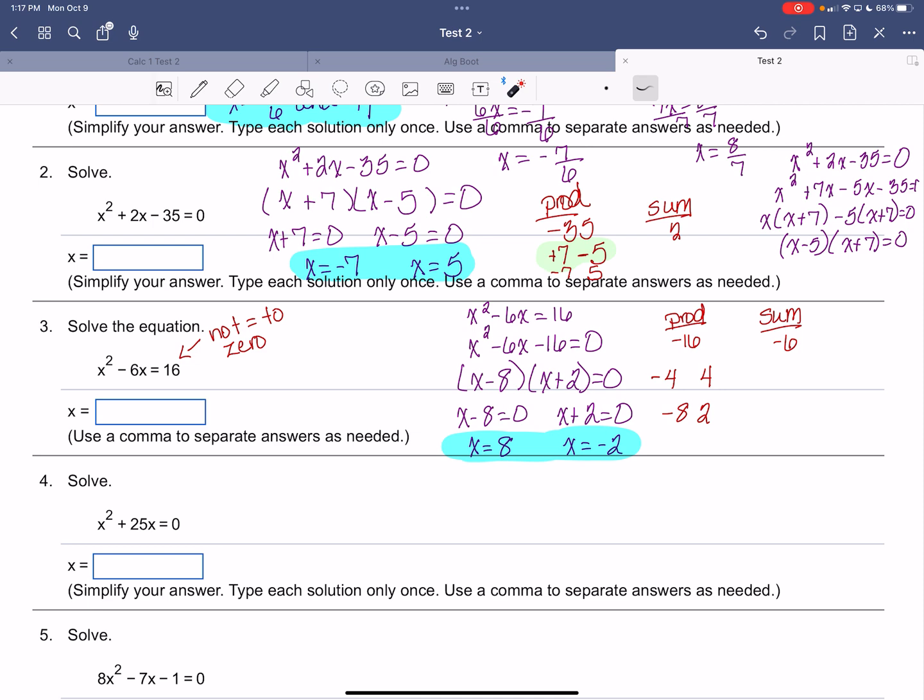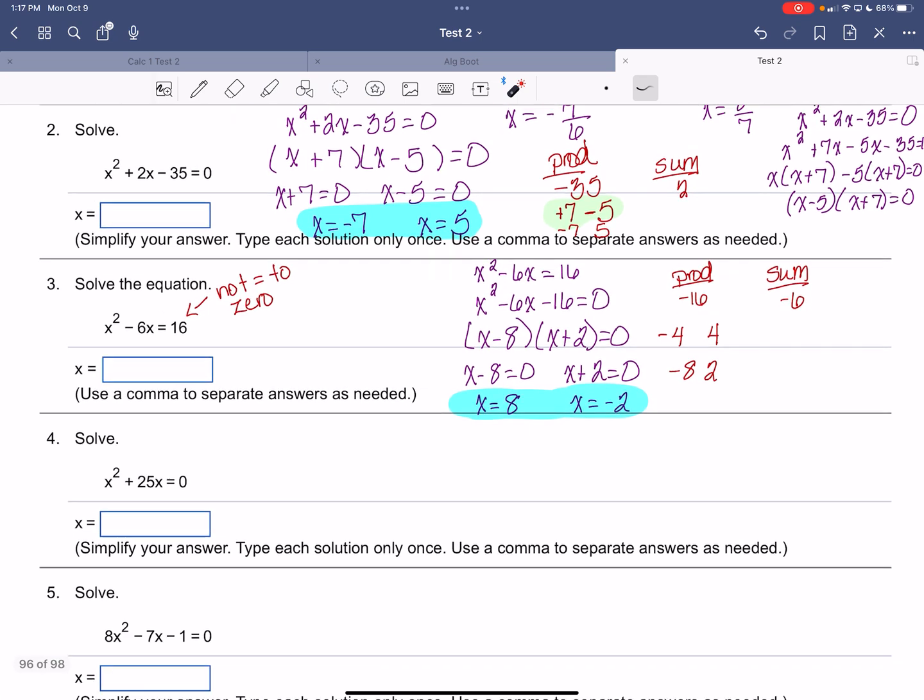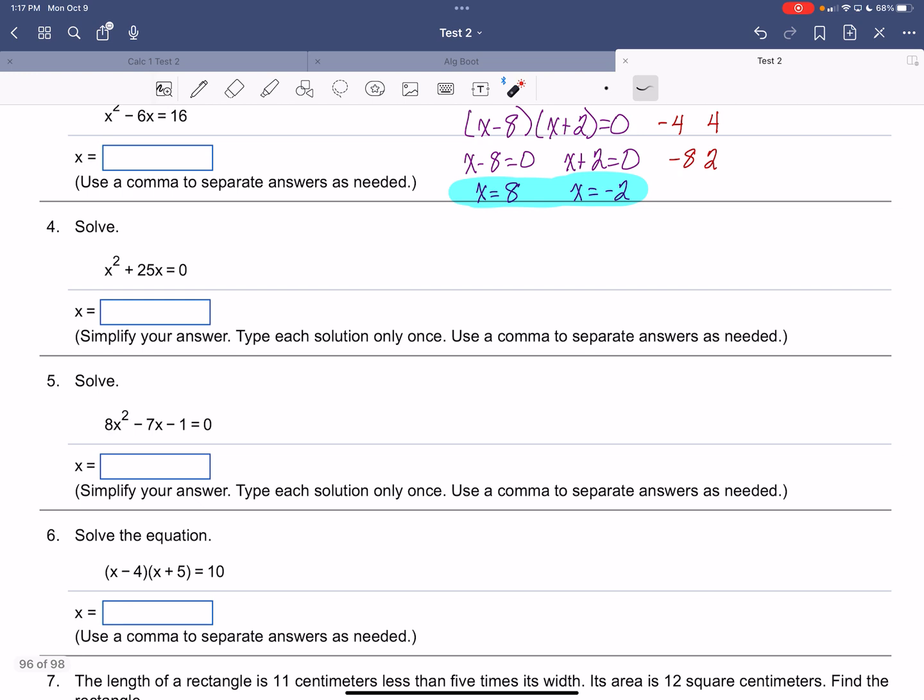Yeah, absolutely. Okay? Now, this one is one that students get tripped up on a lot right here. They think it is like number 3. And they're like, well, I need to bring over a number. I need it plus or minus something.